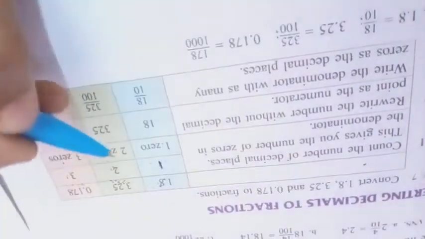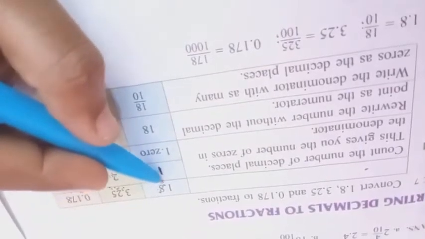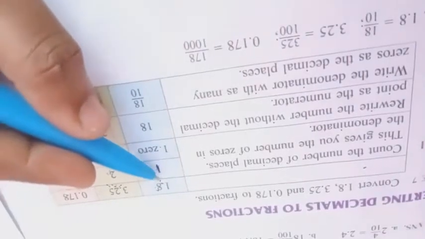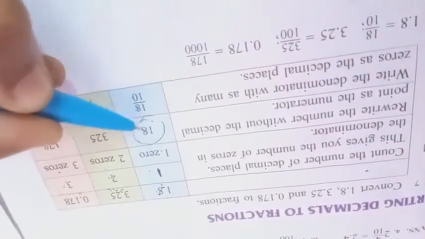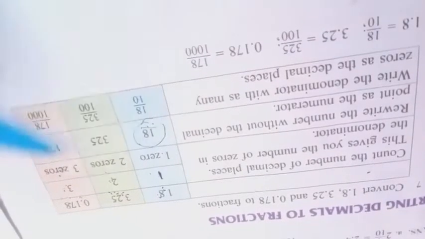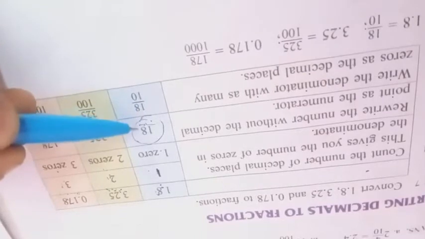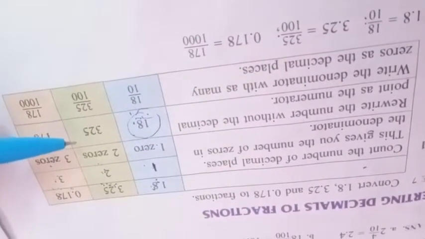Now take out the decimal point. In the question the decimal point is there. Remove it. In step number 2, we have to remove the decimal point and write it as a whole number. Without the point, write the whole number. 1.8, without the decimal point, will become 18 as a whole number.